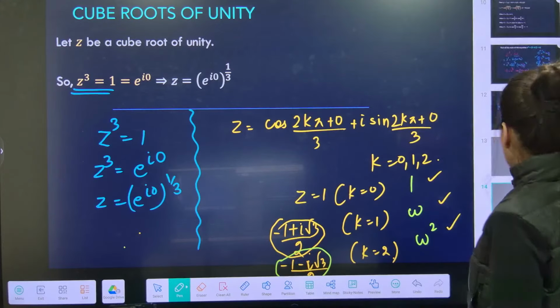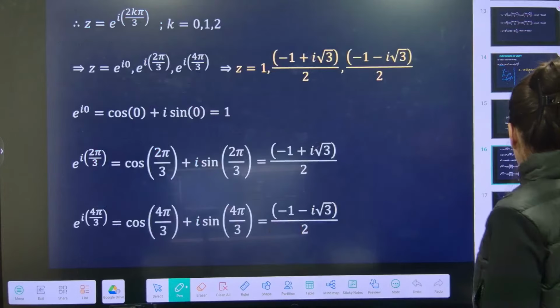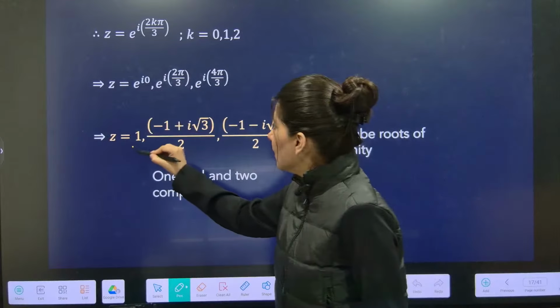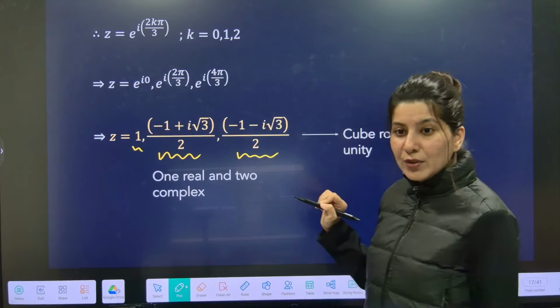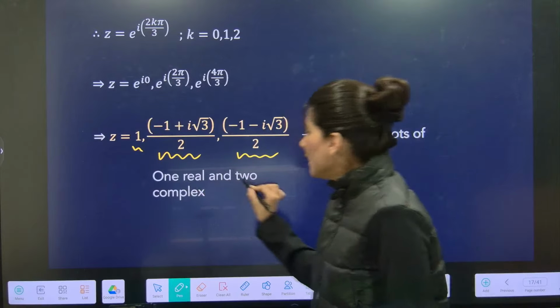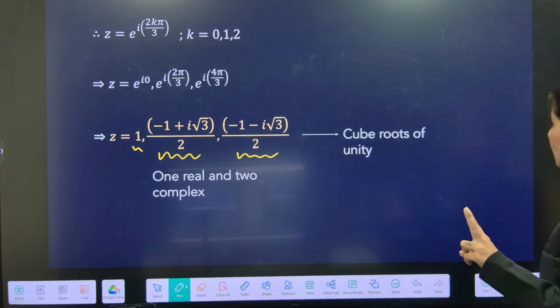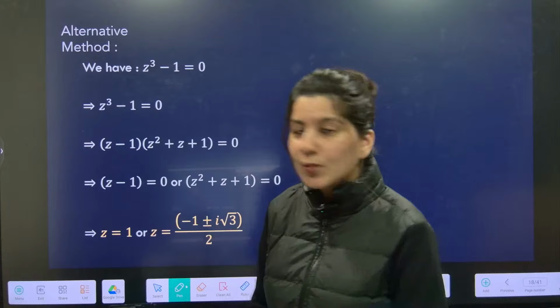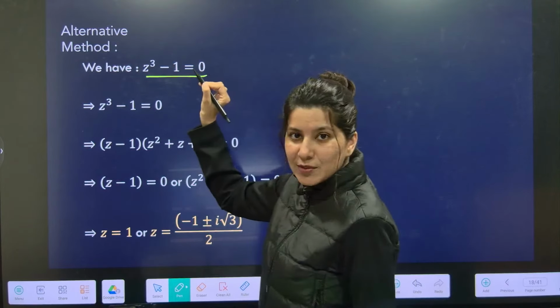Now that you know this, 1, omega and omega square, cube roots of unity, 1 real and 2 complex, right? Another method also to calculate cube roots of unity: z cube is equal to 1, so z cube minus 1 is equal to 0, right?